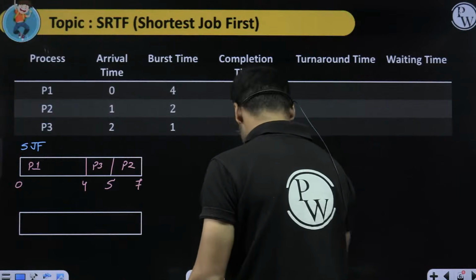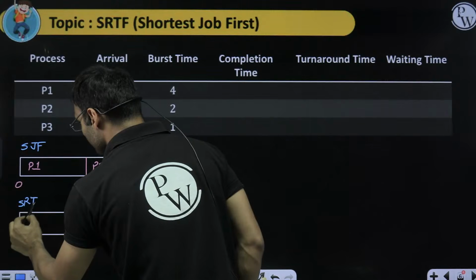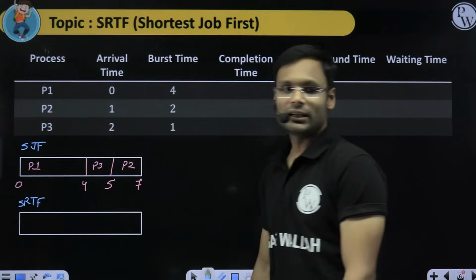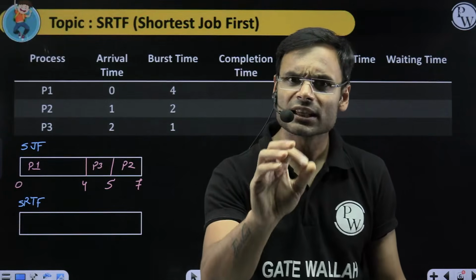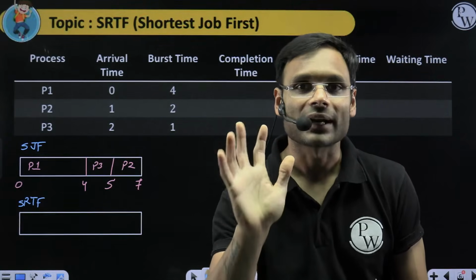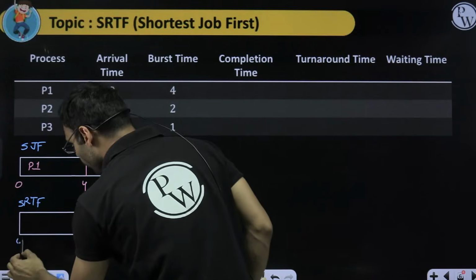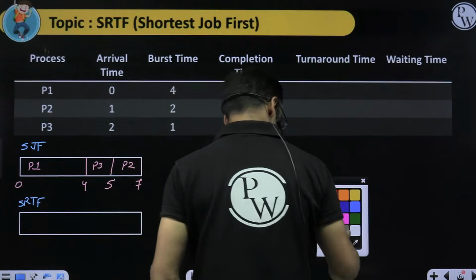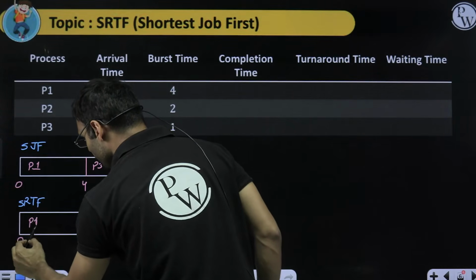Further, now we will understand SRTF, shortest remaining time first. I will give you the easiest possible way to practice this type of question. Look at this. At time 0, what all processes have arrived? Only one process arrived, which is P1. So I will schedule P1.